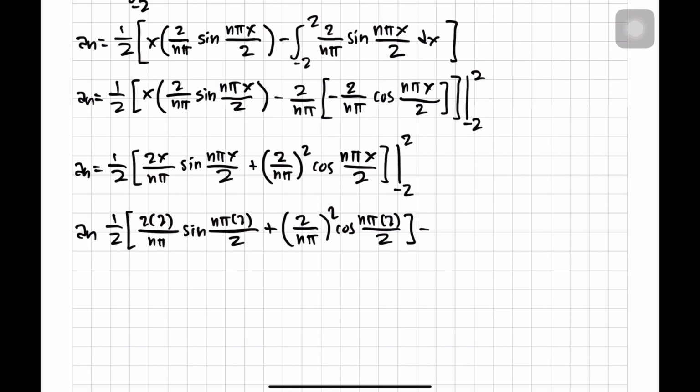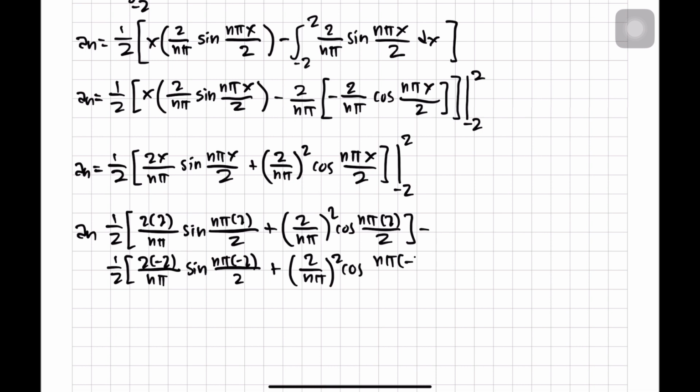Minus 1/2, and we substitute the negative 2, so that's 2 times negative 2 over n pi sine(n pi negative 2 over 2) plus 2 over n pi squared cosine(n pi negative 2 over 2).